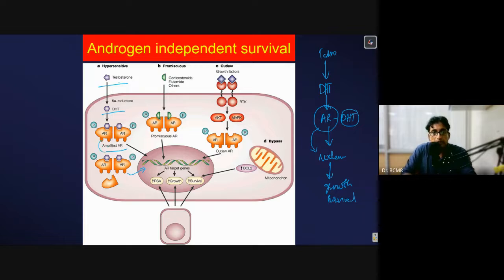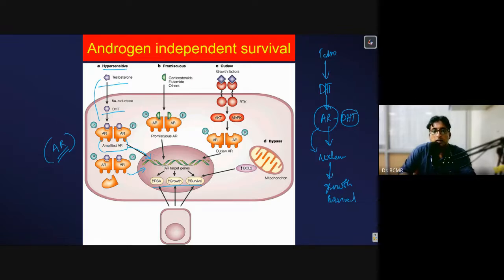In some cases there is hypersensitivity, in the sense that if you have an excess amount of androgen receptors, that means we will have excess activation of the genes here, and that might result in excessive growth and survival.